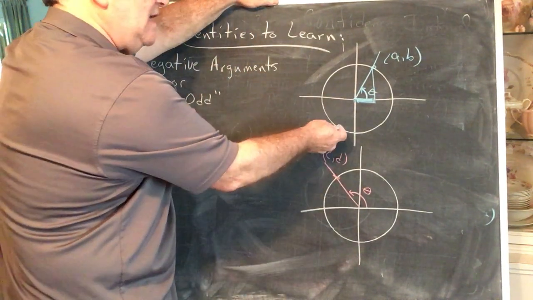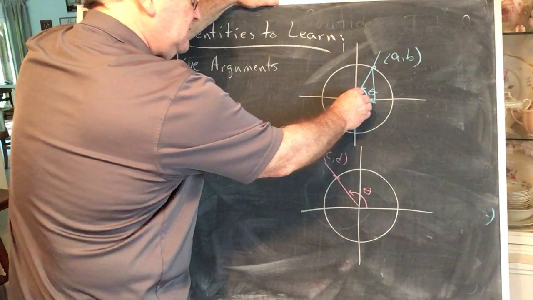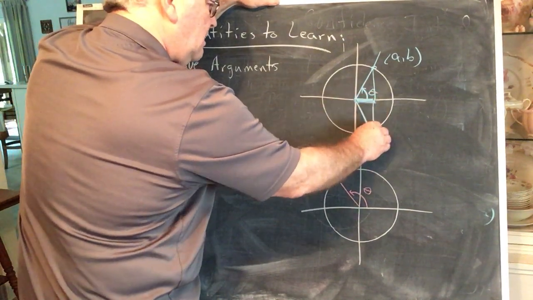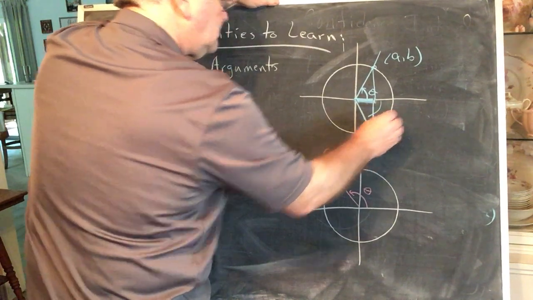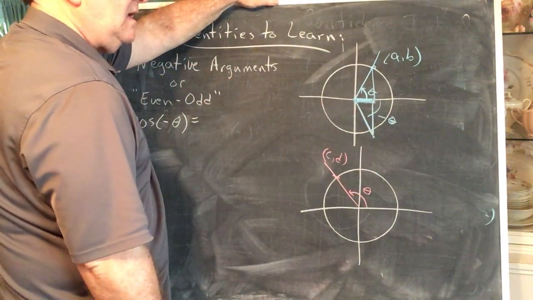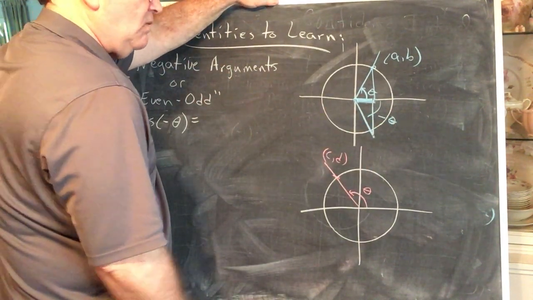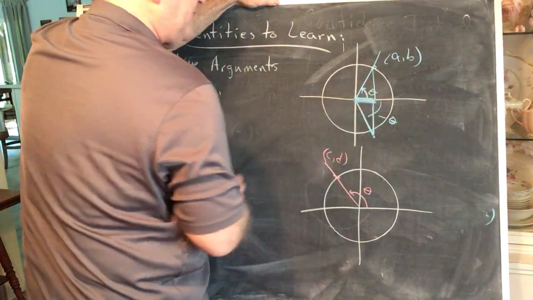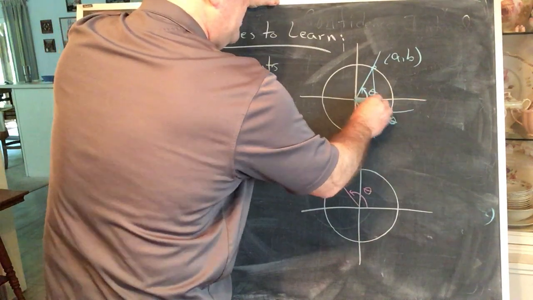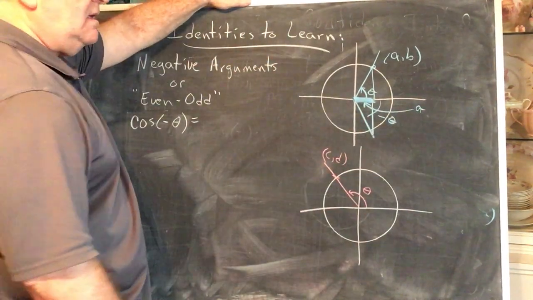But now when I make negative theta, it's the mirror image. So this is now negative theta. And what is the x-coordinate of negative theta? Well, we can see that the x-coordinate of negative theta and the x-coordinate of positive theta are the same. Both of them are a.